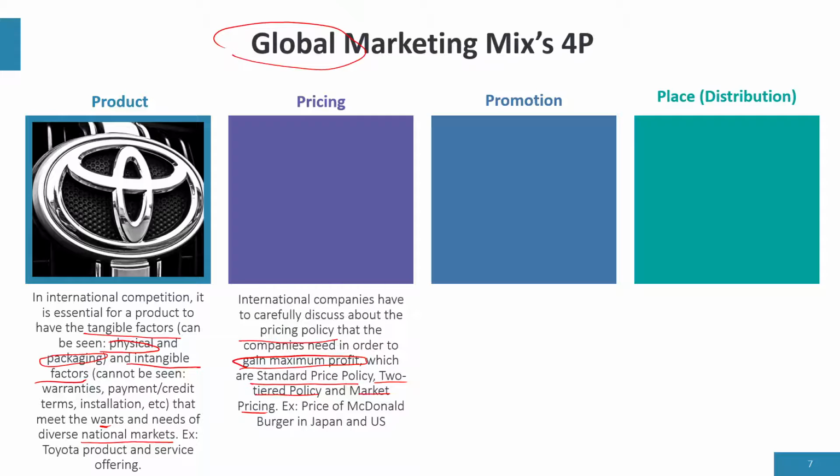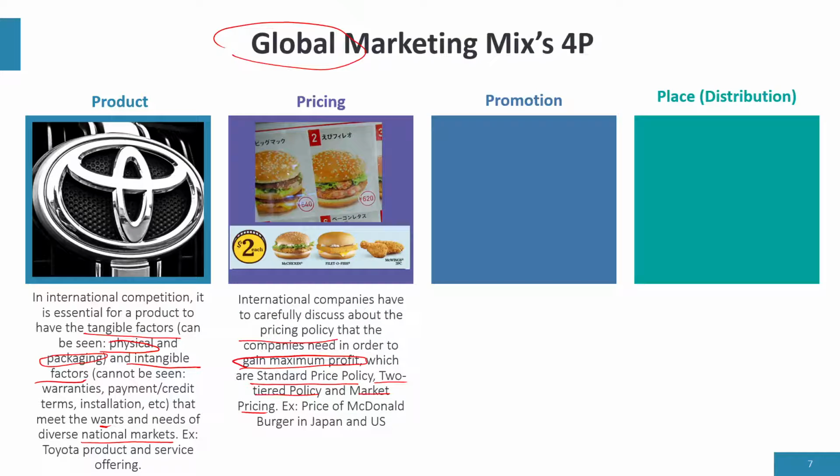So for example, the price of a McDonald's burger in Japan and the US is very different. In the US we can see that the burger can just cost $2 each. However, in Japan it may cost up to 620 yen. So it is quite a large gap.